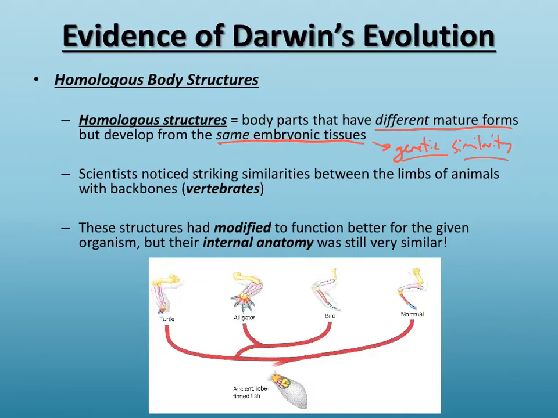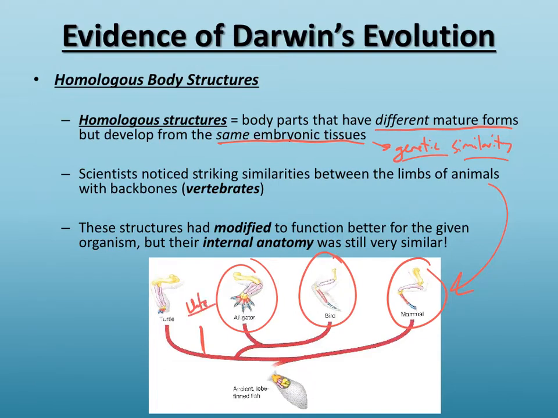So for instance, in this picture, what it's showing you is when we look at a lot of different vertebrates, right, animals with backbones, they have really similar limb structures. And on the outside, this limb structure looks different. It's modified to fit that animal better. So something like a bird wing, this typical mammalian leg, like you might see in a deer, an alligator leg, a whale fin could be on here, could be another one.